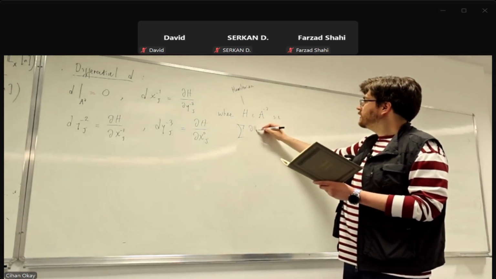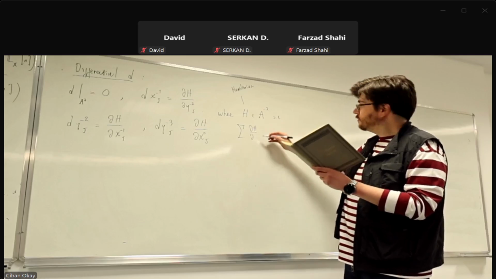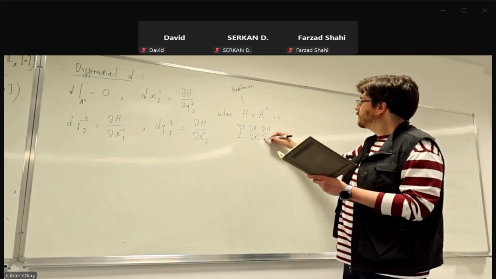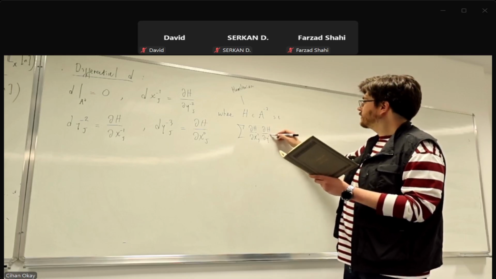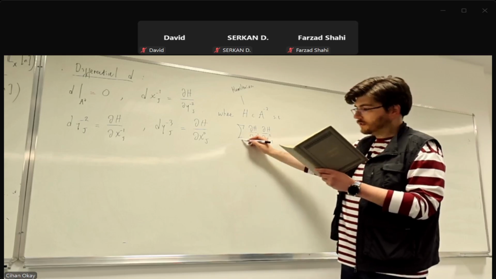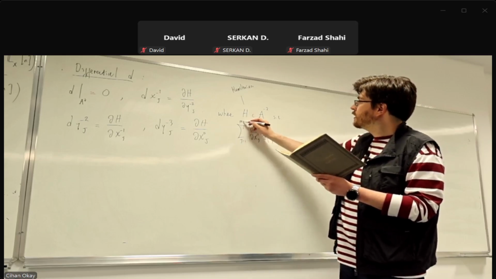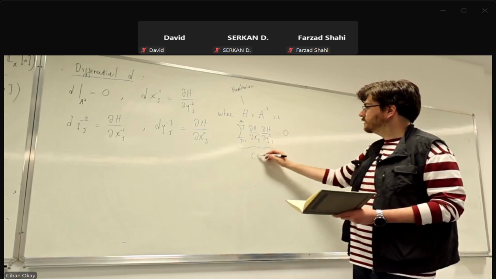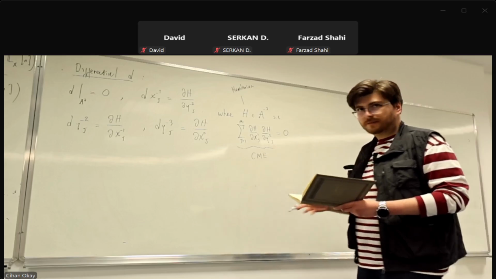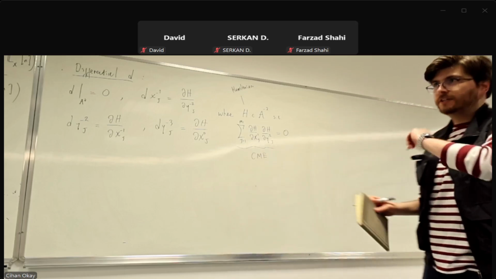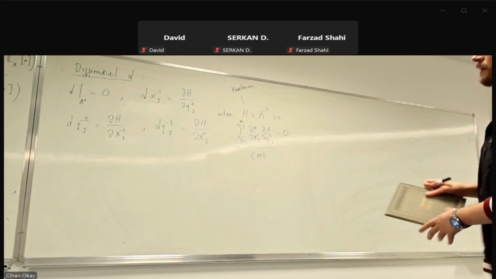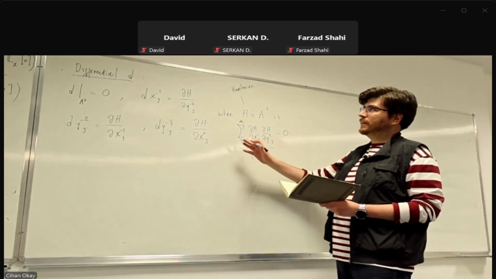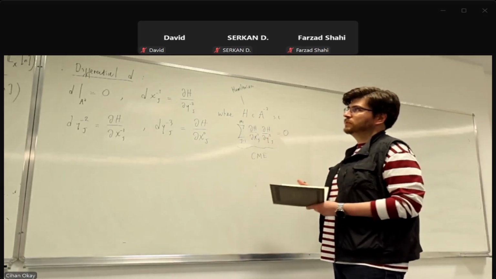And we assume h satisfies this relation, for j from 1 to m1, equal to 0. This is what we call the classical master equation. There are some classical mechanical motivations behind these terminologies, but why are we assuming this? Because we are not done yet. So we propose some assignments.